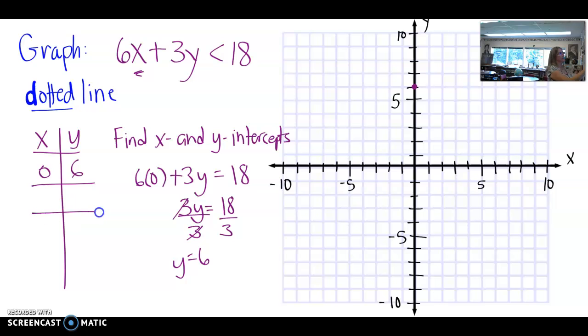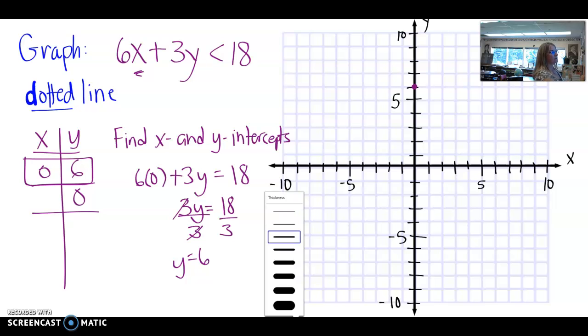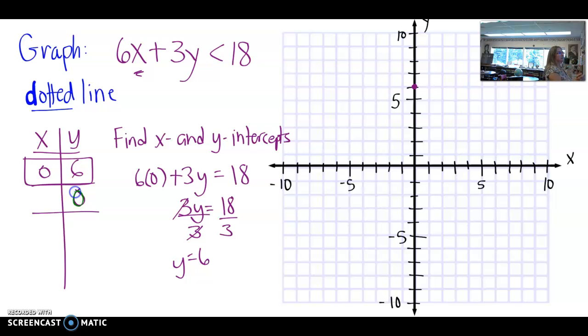And then to find another point, if I let y equal 0 and then solve for x, I'll find my x-intercept. So right here, this is my y-intercept, and this is going to help me find my x-intercept. So I'm putting in 0 for y this time.